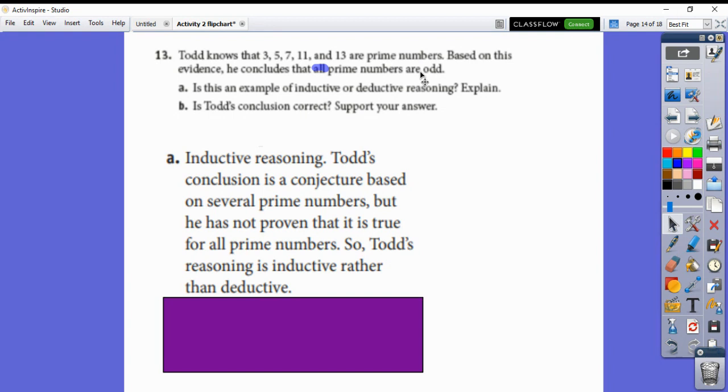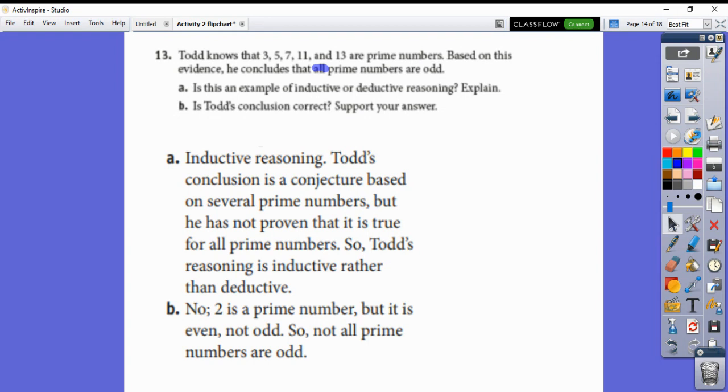And it turns out that there's only one number that we can use to do that. 2 is the only prime number that is not odd. But all we need is that one counterexample. 2 is a prime number, but it is even, not odd. Therefore, not all prime numbers are odd.